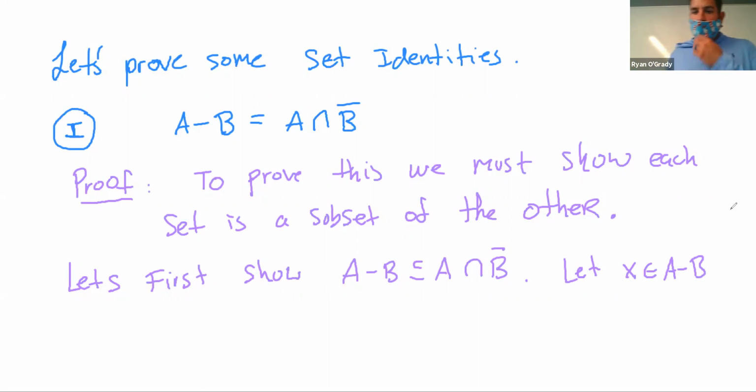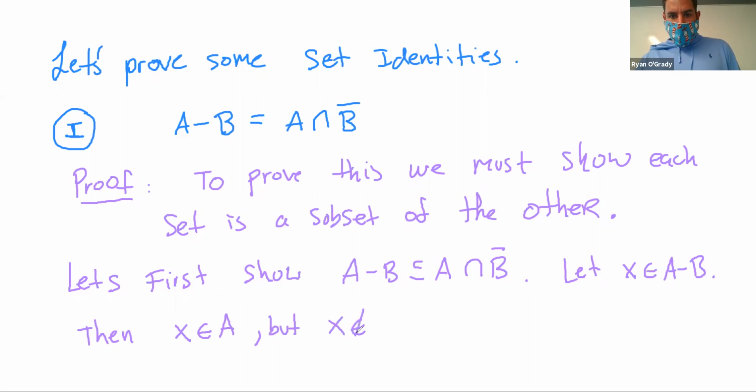What does that mean about X? What can we say about it? Definitely in A, well, we know that. Then X is an element of A, but X is not an element of B, right?